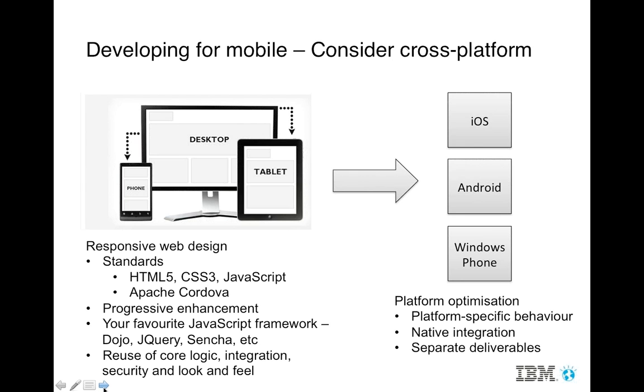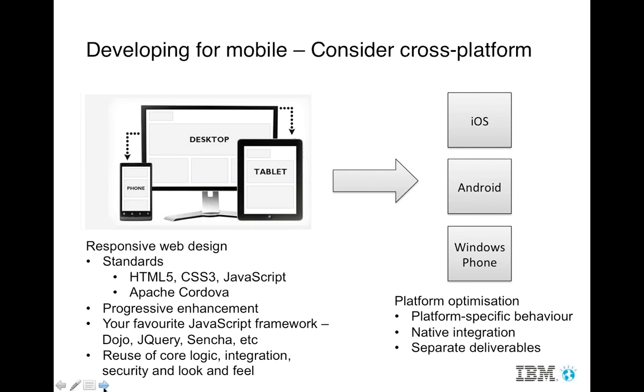And again, in terms of standards, we would endorse the use of a JavaScript framework that would allow you to do cross-platform delivery of user interface components and all those kind of things. So whether it's Dojo, jQuery, Sencha, or others, whether you want to use Angular, Backbone, whether you want to use Ionic, whatever else is out there, that certainly would work with Worklight.